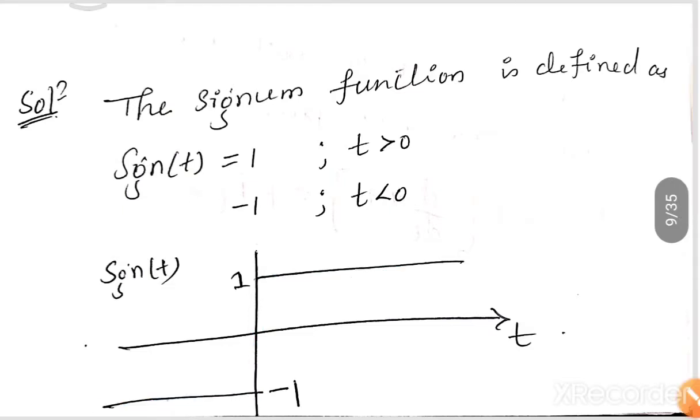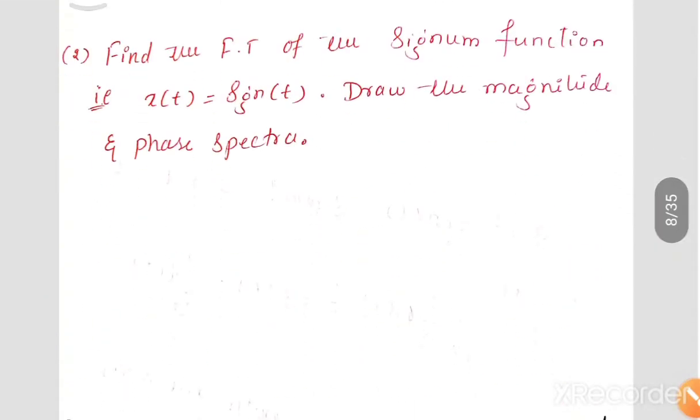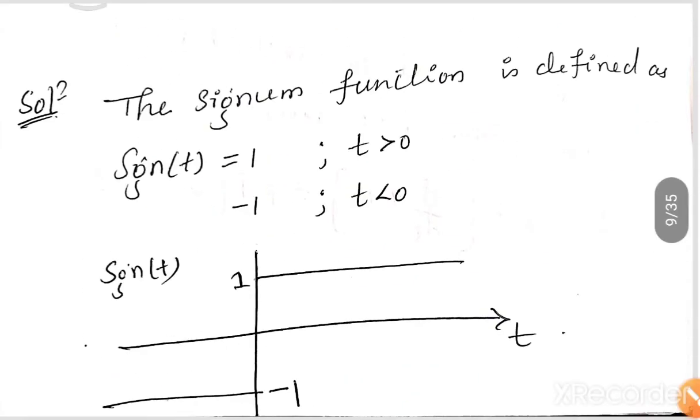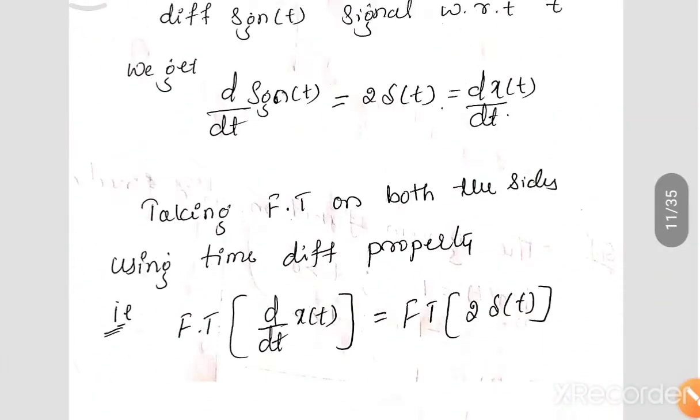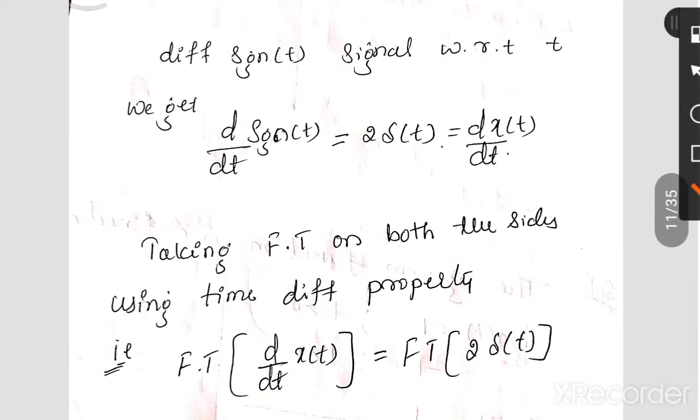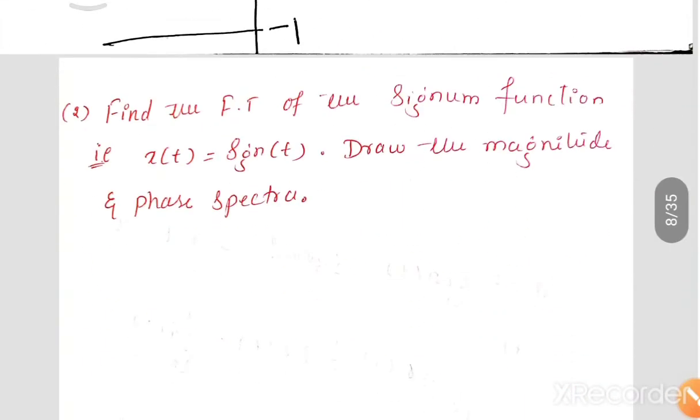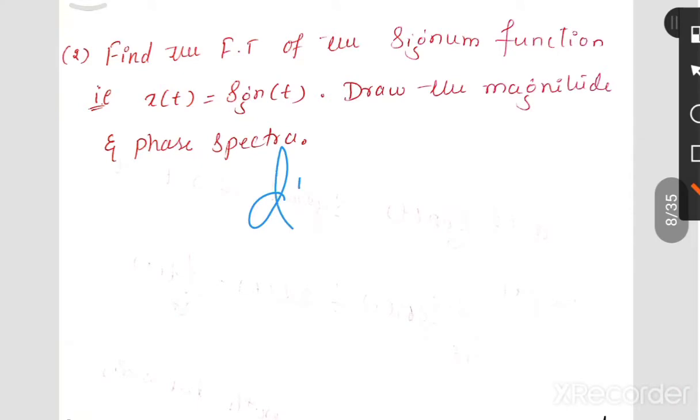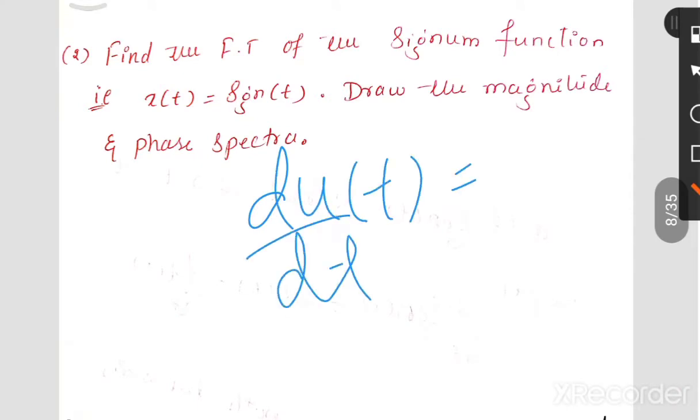So now we have to find the Fourier transform for this. What we have to do is differentiate. If you differentiate u of t, you get delta of t. As we have seen, it is a relation between the signals: du of t by dt is delta of t.